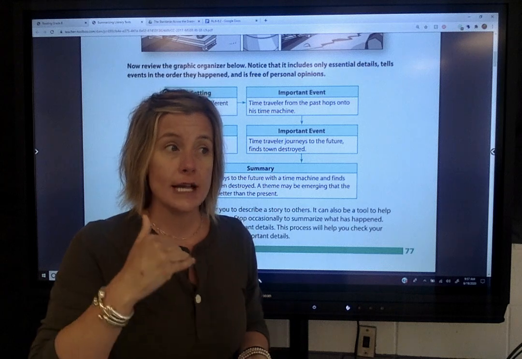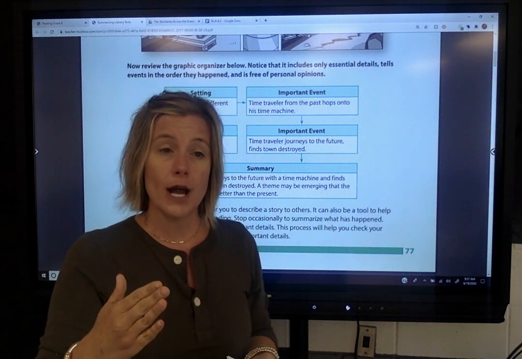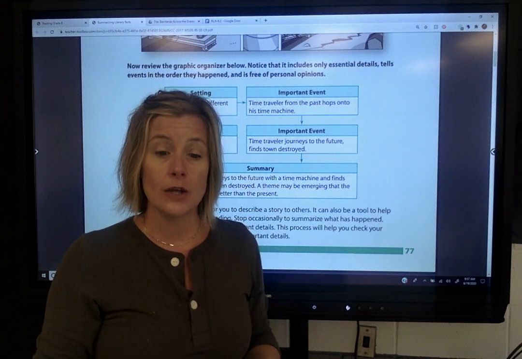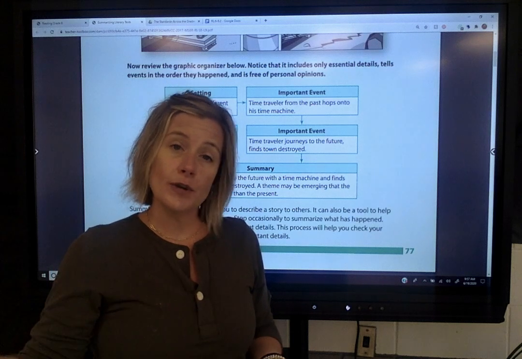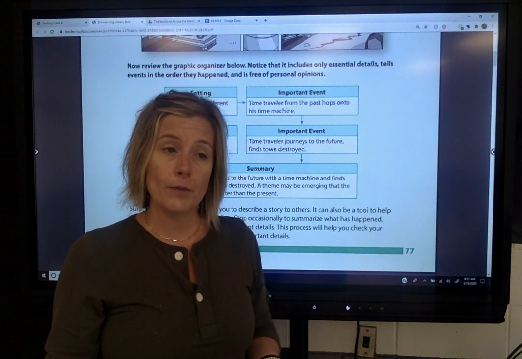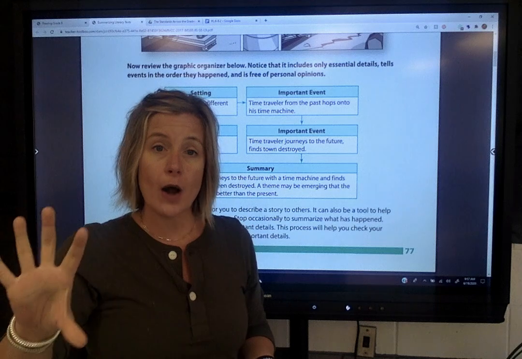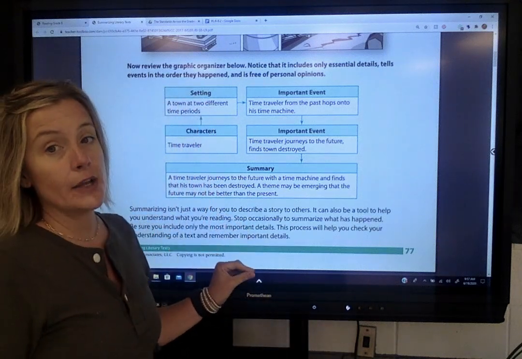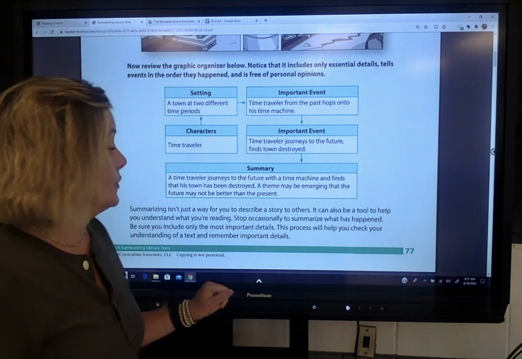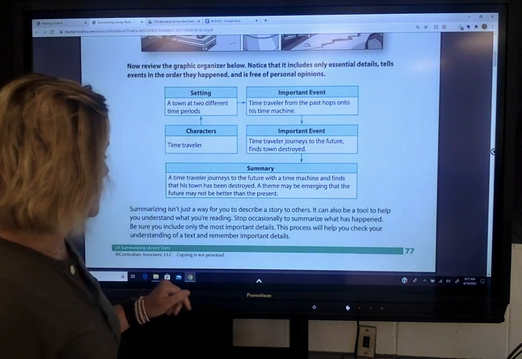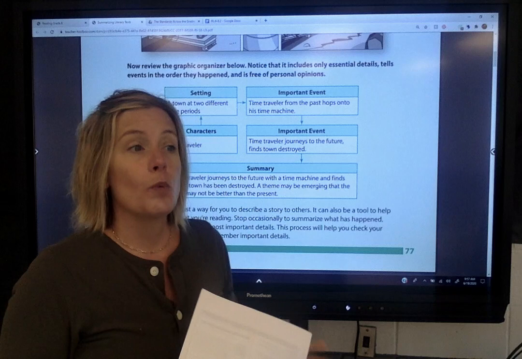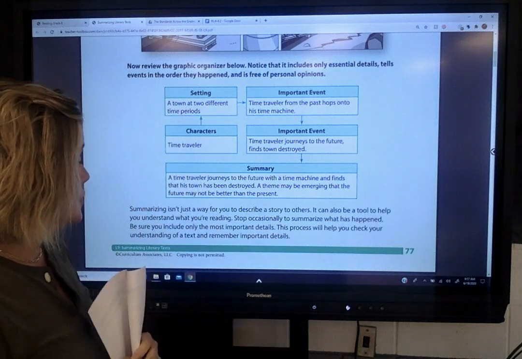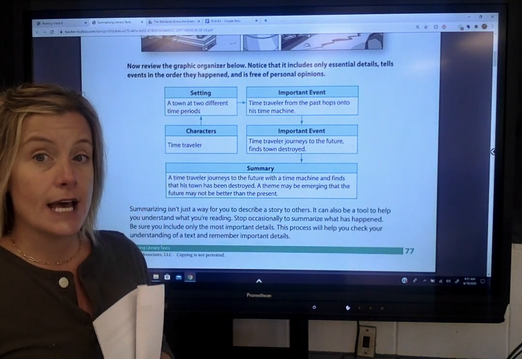I know we always take the first paragraph and kind of summarize it, and if we don't really understand the first paragraph, then there's no need to go on to the rest of the story, because you've got to figure out what's happening. Be sure when you're writing your summary that you only include the most important details. Summarizing will help you to understand the meaning of the text better.